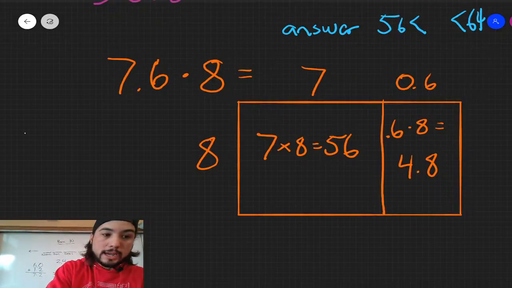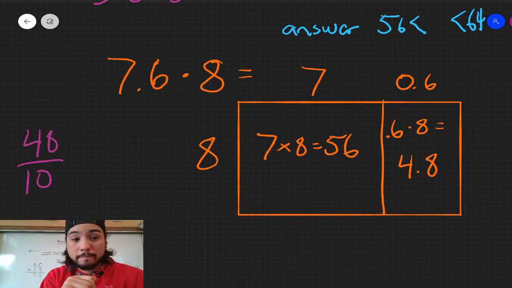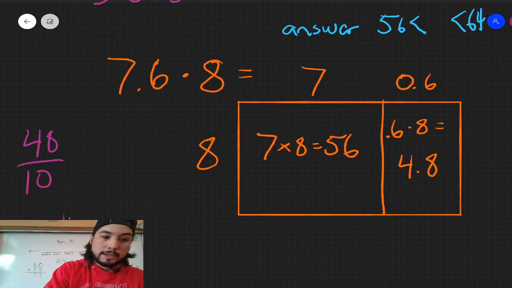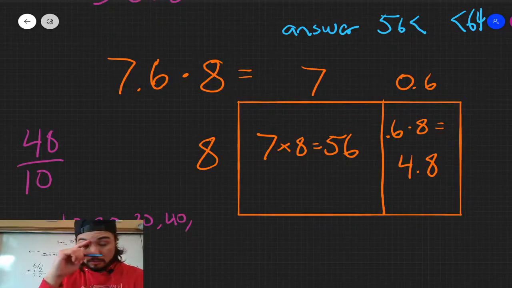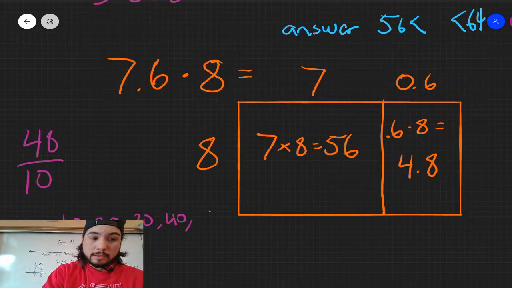If we had 48 tenths, how many whole groups of 10 can I make with 48? Right? 10, 20, 30, 40. There's my 4 groups of 10, and then I have 8 tenths left over.